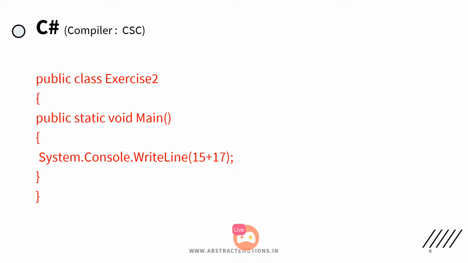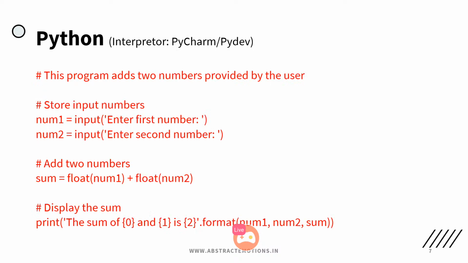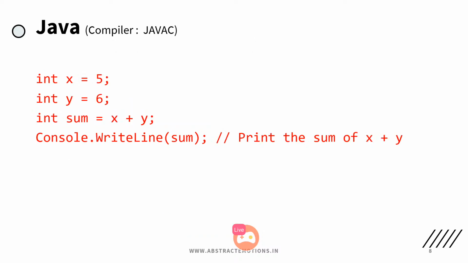Then there is Python. You can see how it is similar to the English language. Again, we are writing a program to calculate the addition of two numbers. Then Java. You can see how we are doing that.